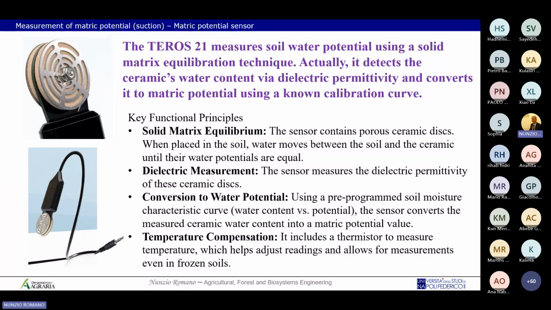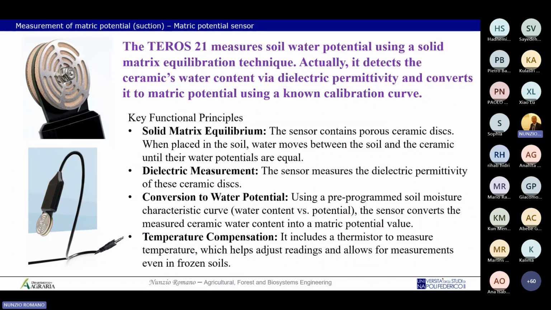Or more precisely, the factory gives you already the value of the matric potential. And you can see it is very easy to use, because there is an electronic device. You have a data logger. You can connect this sensor to a data logger, and you have the measurement of matric potential.